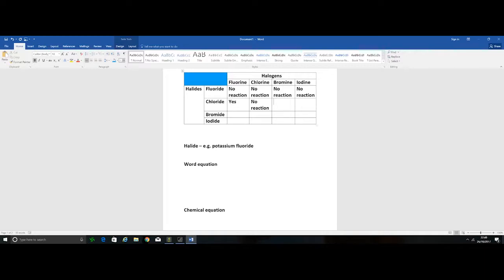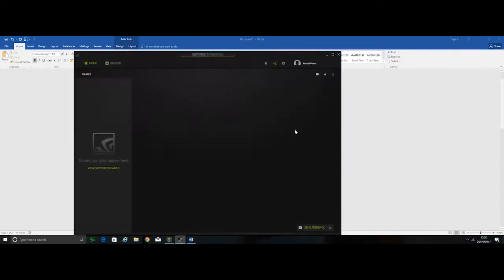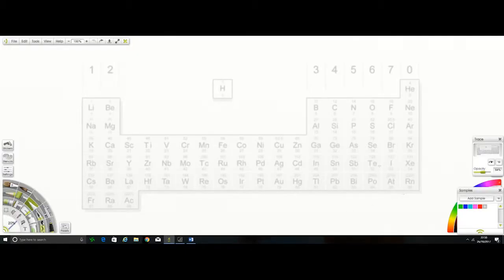Bromine and chloride, can bromine displace chloride? The answer is no, because bromine is lower down than chlorine, so chlorine is more reactive and cannot be displaced by bromine. Can iodine displace chloride? The answer is no. Let me go back to the periodic table just to show you.